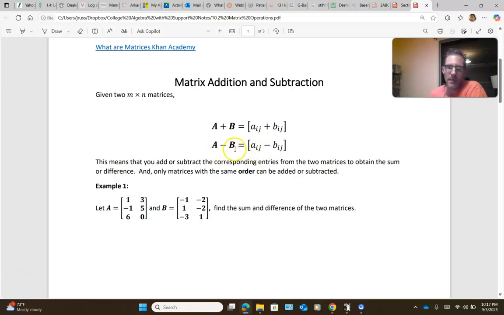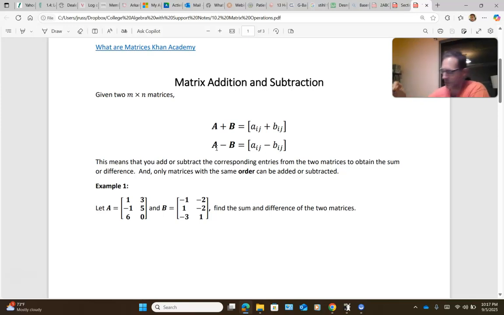If I had two matrices and they were both 3 by 2 matrices, then I would just start subtracting an entry from my first matrix minus that same corresponding entry in my second matrix. And that'll become the new entry in my resultant matrix.